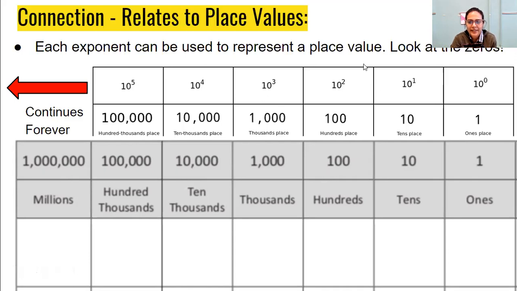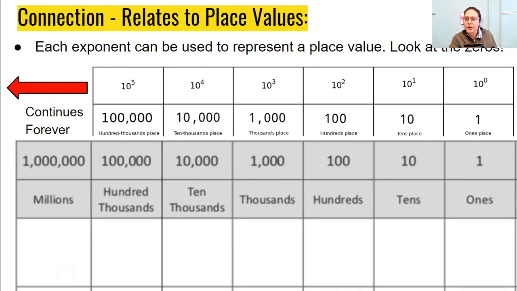The hundreds place is 10 multiplied 2 times, right? So each place value, we're increasing the exponent. The tens is 10 times larger than the ones. The hundreds is 10 times larger than the tens. The thousands is 10 times larger than the hundreds, and so on. Any questions on that?